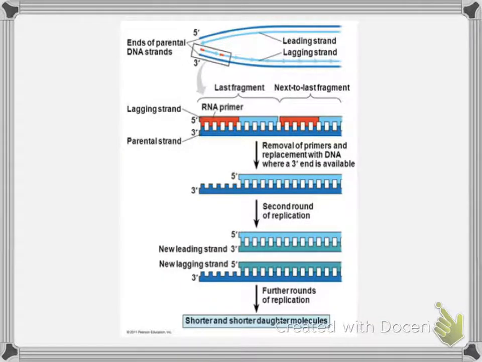In eukaryotic chromosomes, the ends of chromosomes are going to be called telomeres. Okay, so the ends of the strands are going to be called telomeres. So telomeres don't contain genes, but they contain special nucleotide sequences that are made up of repeating sequences of a lot of T's and G rich.